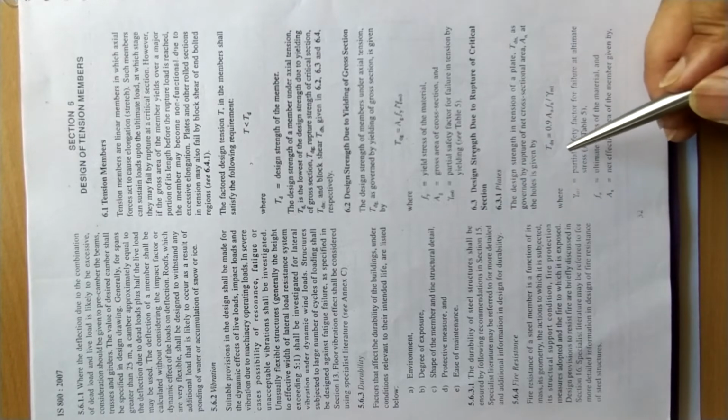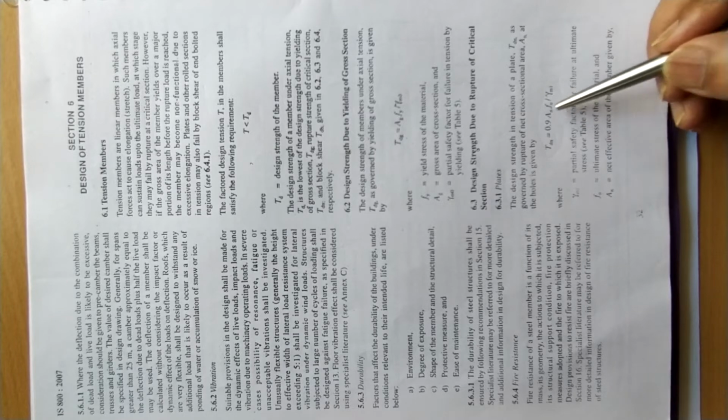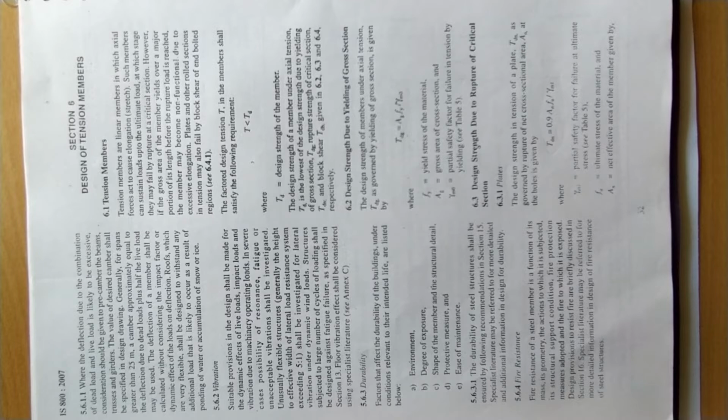Here we have 0.9 An. What do we mean by An? An is the net effective area of the member. What is net effective area? If there are bolted connections, deducting the bolt hole portion, the remaining area in this particular section is the net area.